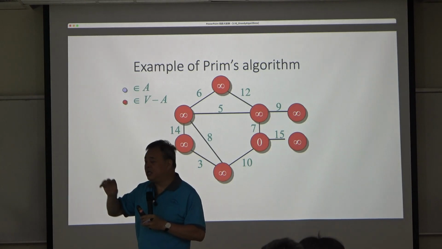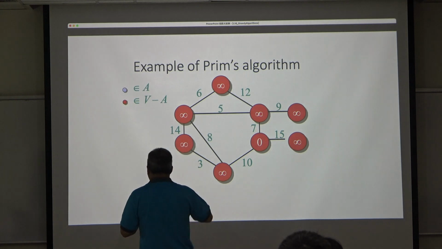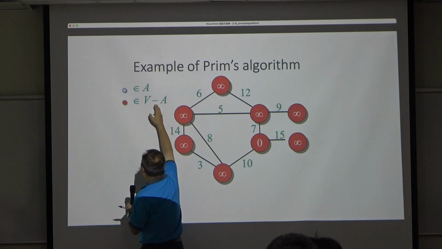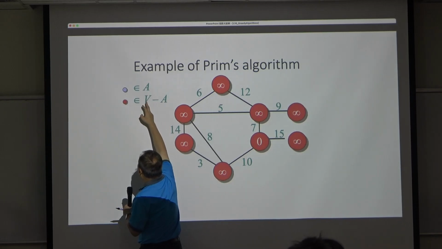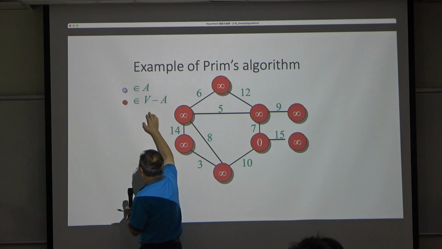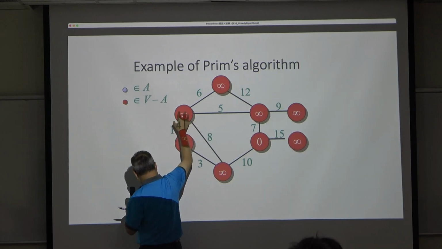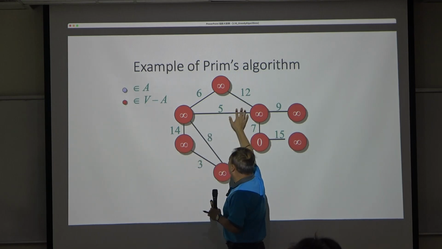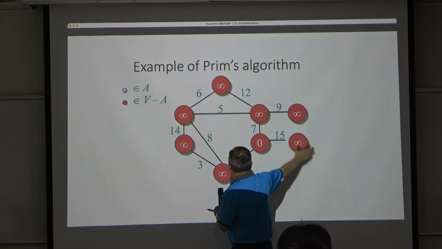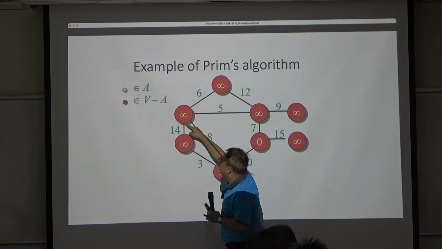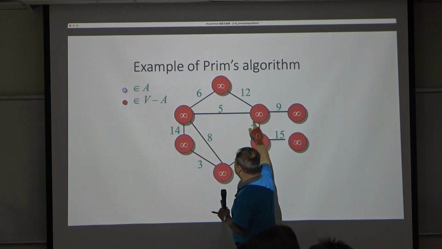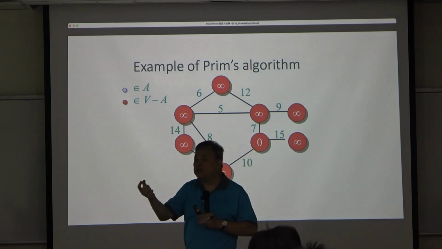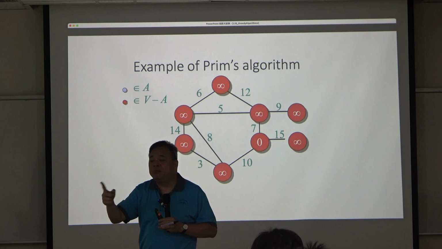The key will be, for the node in here, the minimum edge connecting the node itself to one node in A. But since all nodes are in V minus A, we assume all the keys are infinite. And of course we need to start from one node, right? So we randomly pick one node.